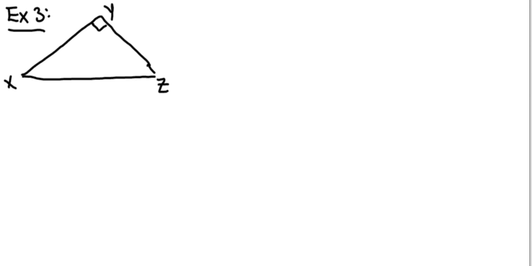I'm going to make side XZ be 13 and side YZ be 5. And I think in this question we're going to find the measure of angle X. And that'll keep things nice and convenient because we can just label that with an X. So this one too, we're finding the measure of an angle, so we're going to use inverse trig.